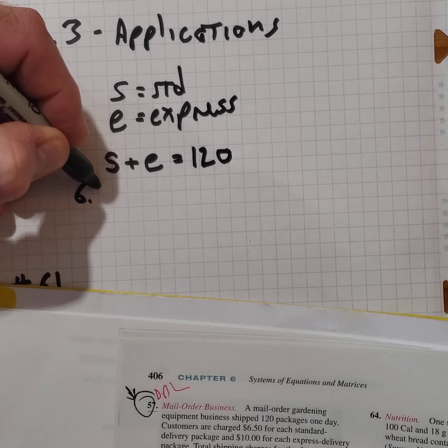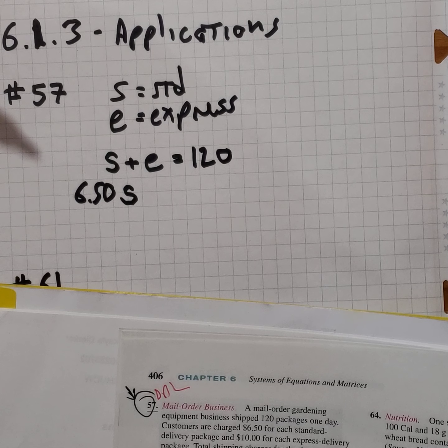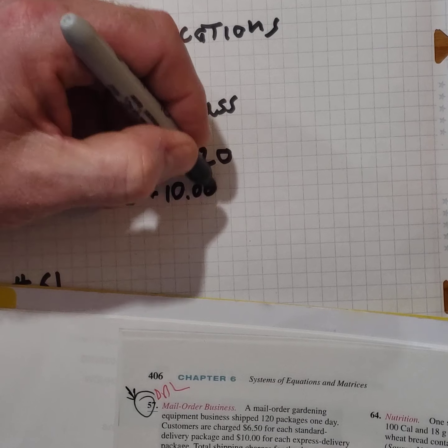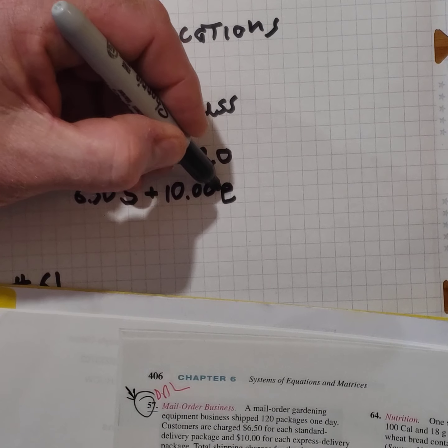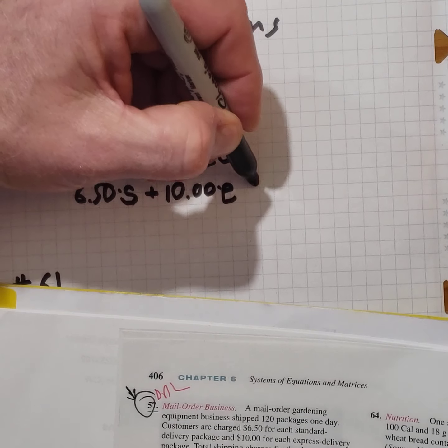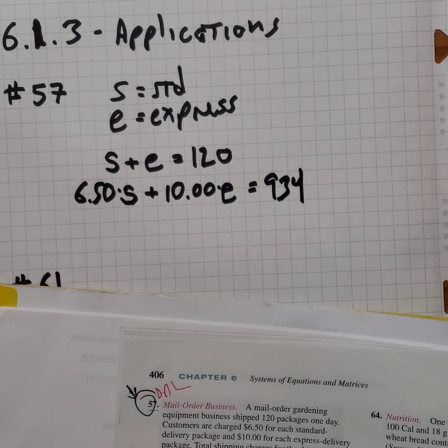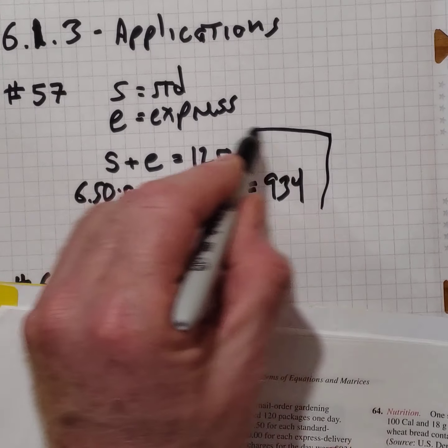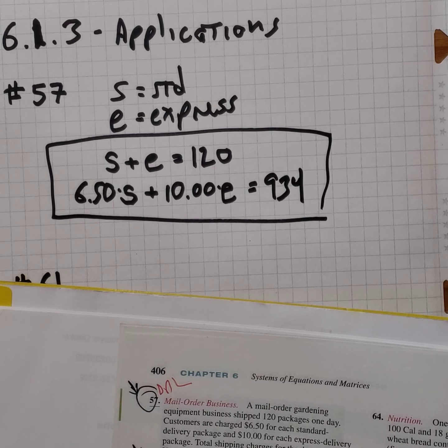So if I take $6.50 and multiply it by the number of standard packages, plus $10, I don't really need the 0.00, but just for emphasis, times the number of express packages, that's going to give me the $934 that they paid for shipping that day. Okay, so this is your system of equations, and you are free to solve that by whatever method you like.